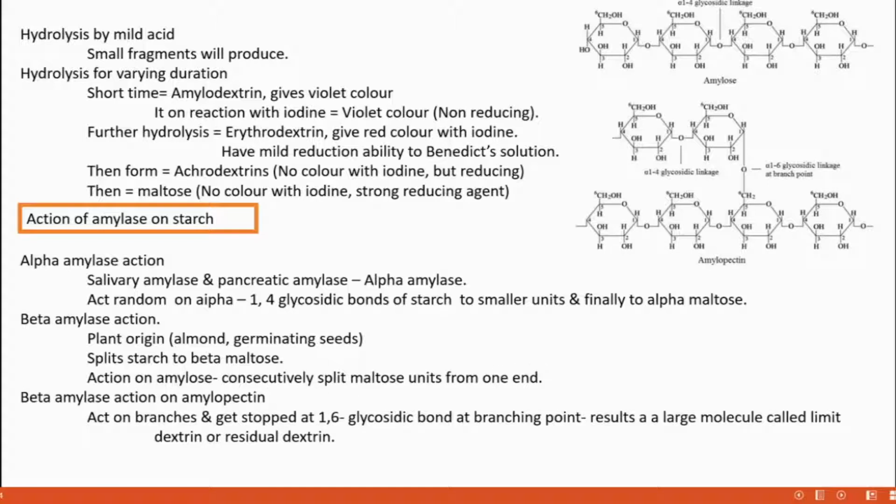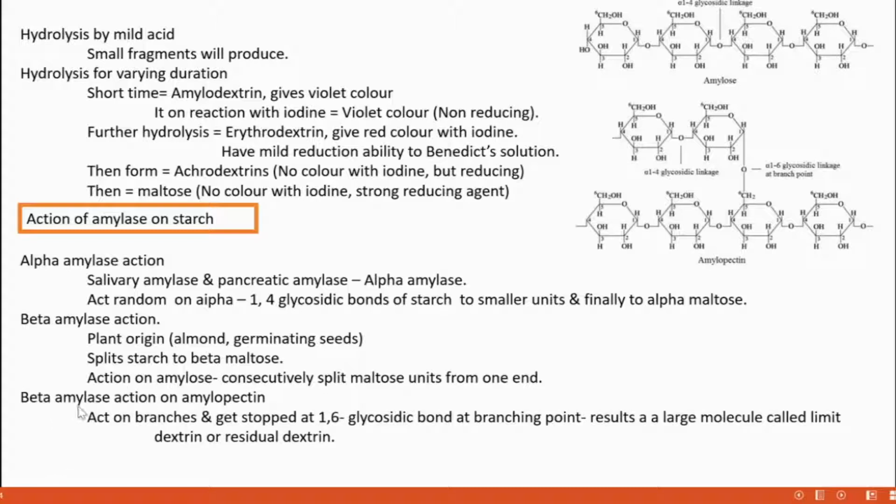In one reaction, it removes one maltose unit, and in the next step it removes another maltose unit from one end. Then again in the next step, it removes another maltose group. In that way, it converts starch to small units.